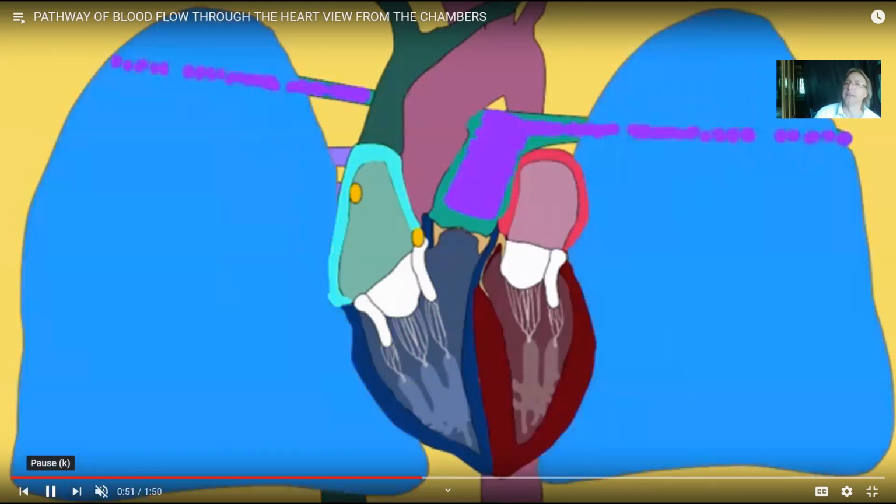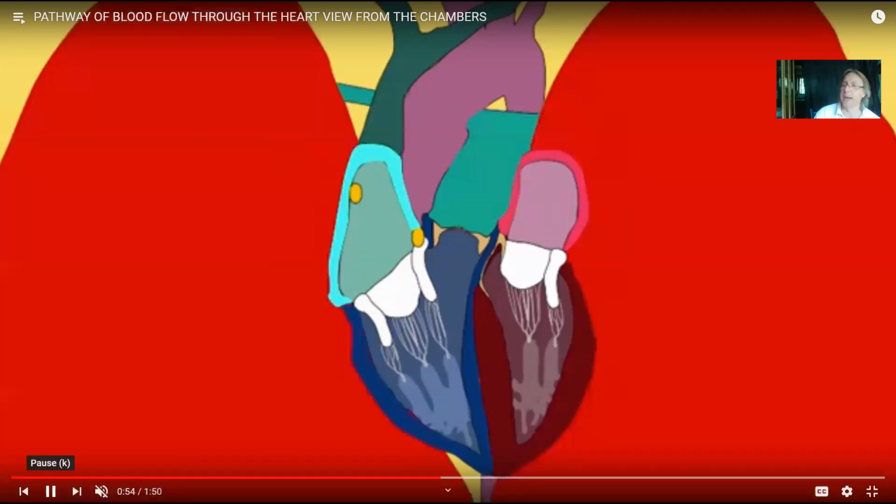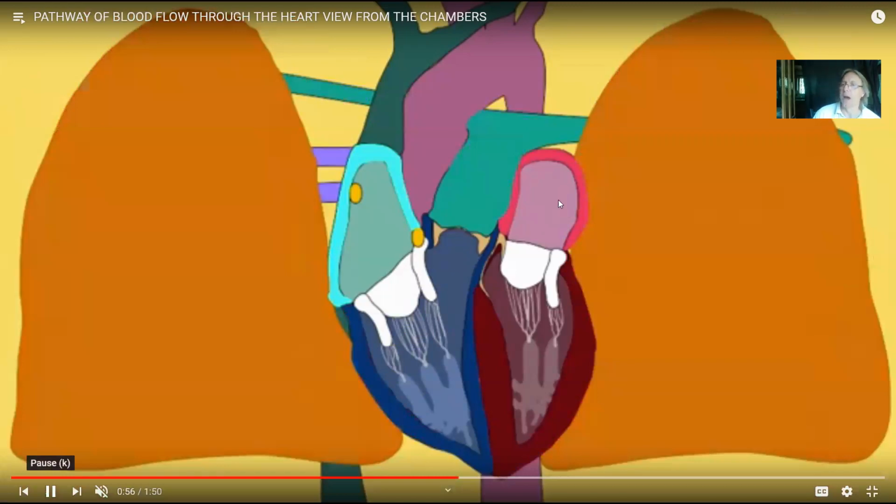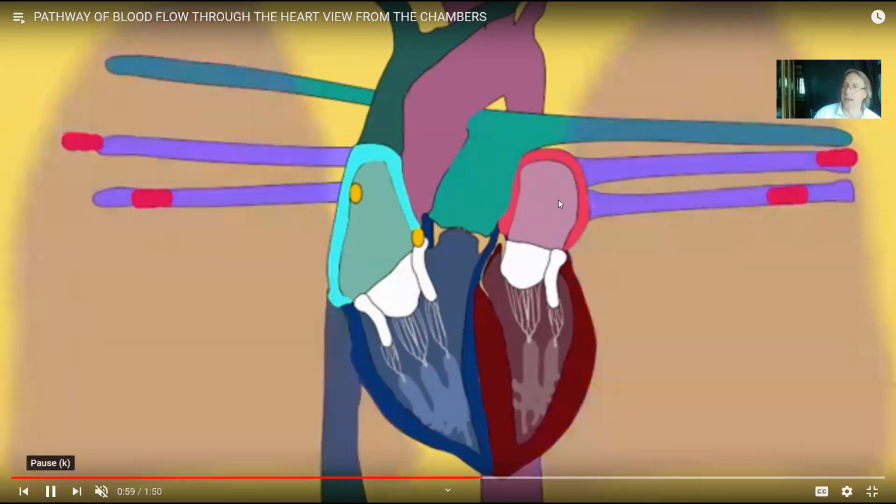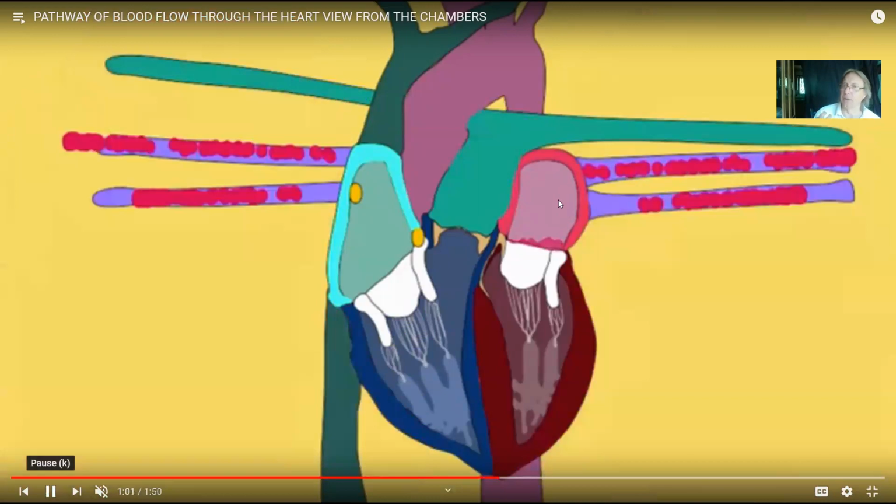And so blood is sent to the lungs, and here gas exchange occurs that I'll talk about in greater detail with the respiratory system. And so oxygen enters the blood, and it now becomes this red oxygenated blood, which returns to the left atrium. So the left atrium is receiving the red oxygenated blood from the lungs.